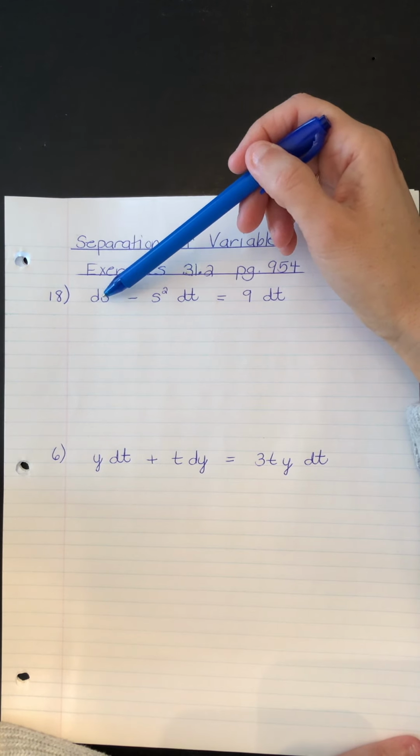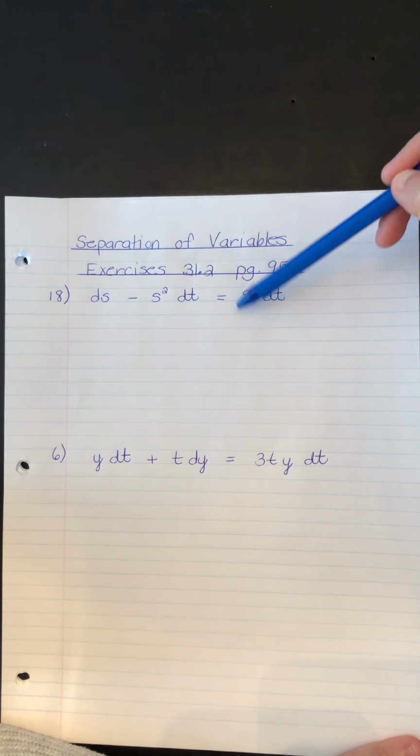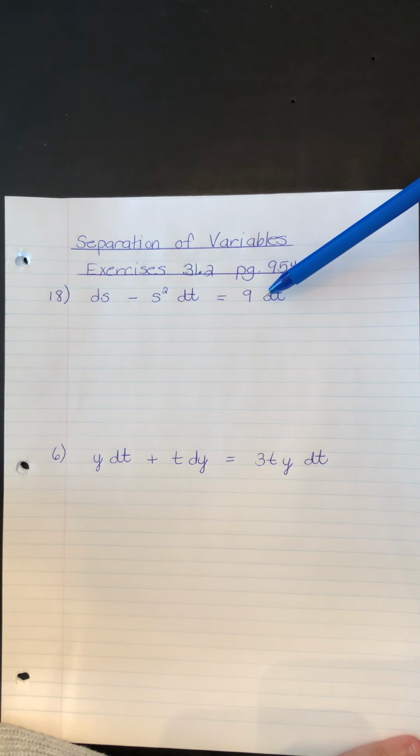We could integrate that. But if I also divide this term by s squared, I would have 9 over s squared dt. And that then would be a problem term because the variable s would be within this term containing the differential dt. So that's not going to work here.